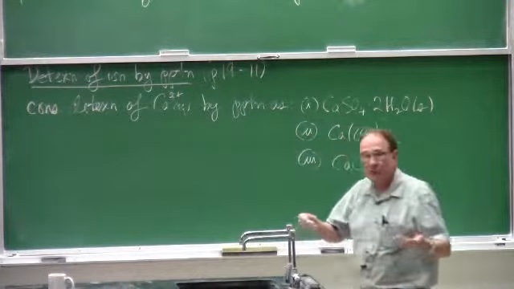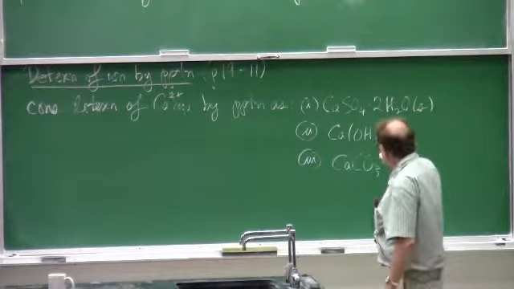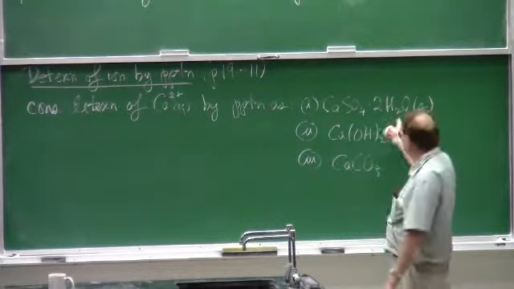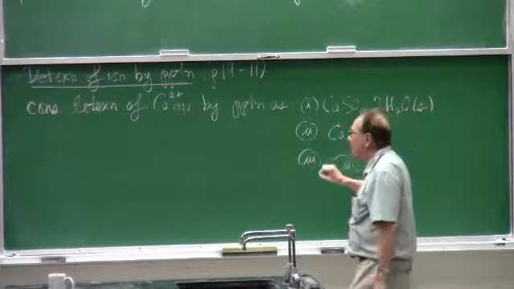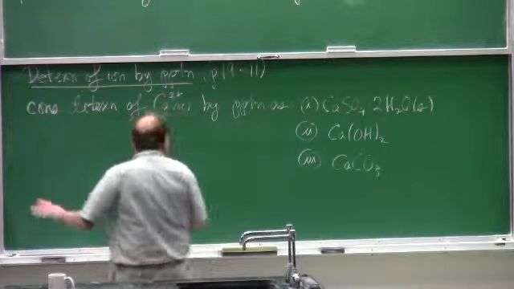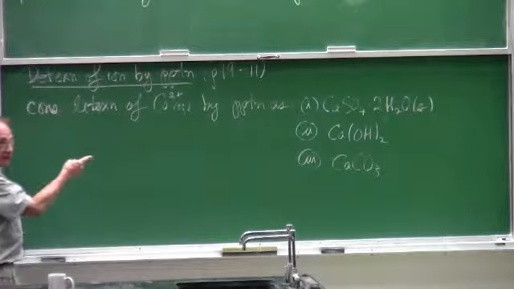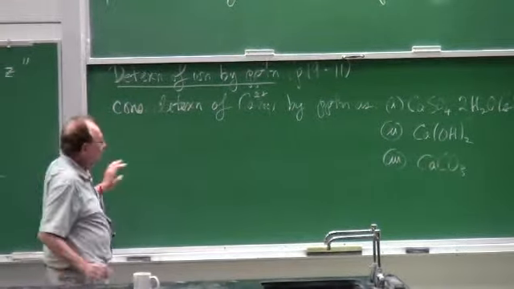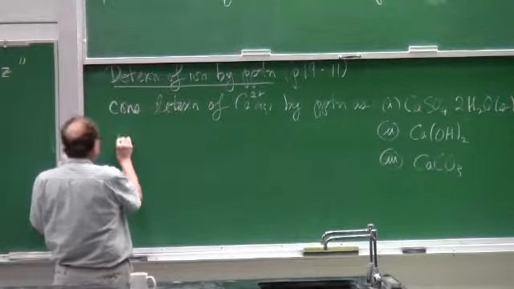But I want you to get more familiar with these formulas in regard to what they're telling you. We talked about what this tells you. Okay, detection of ion by precipitation. Let's look first at calcium sulfate because it's the simplest of these cases. Let's see why.